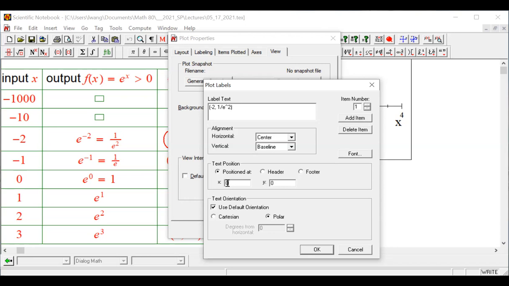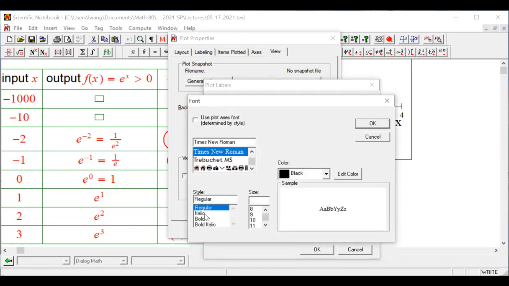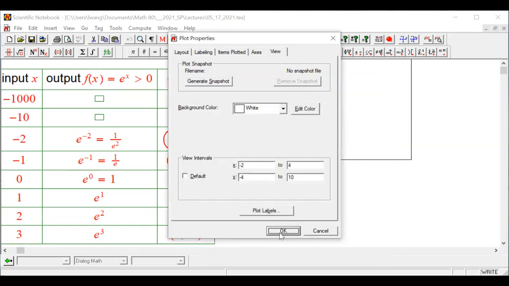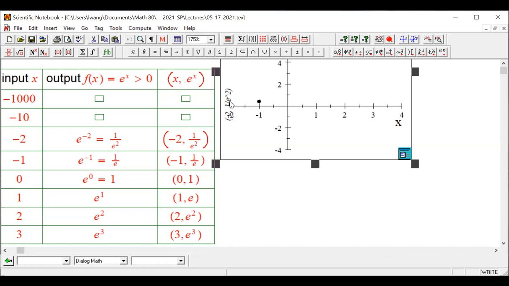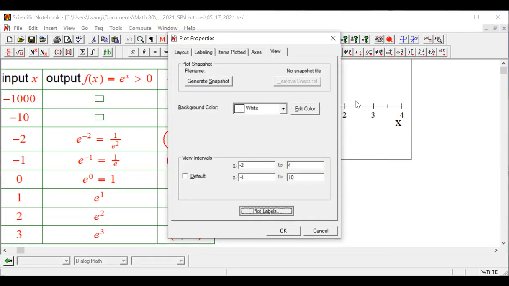And mark at -2, and I'm gonna use polar, so maybe 80 degrees, 90 degrees. Let's see what happens. You see the dot? Okay, -2 input, output is 1 over E squared. That doesn't look terribly appealing.